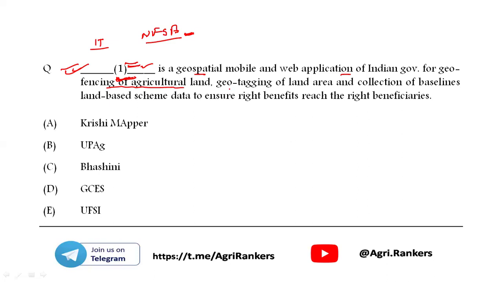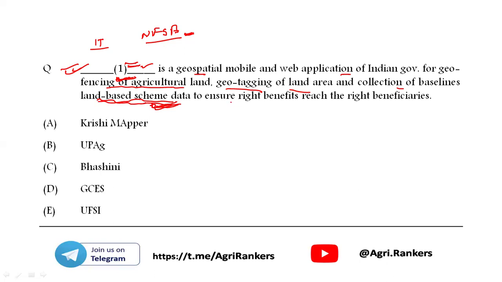So here, what happens? This particular app is used for geofencing of agricultural land and geotagging of land area, and collection of baseline land-based scheme data. Which type of data is it going to collect? Land-based scheme data, the schemes which require you to possess or cultivate land.